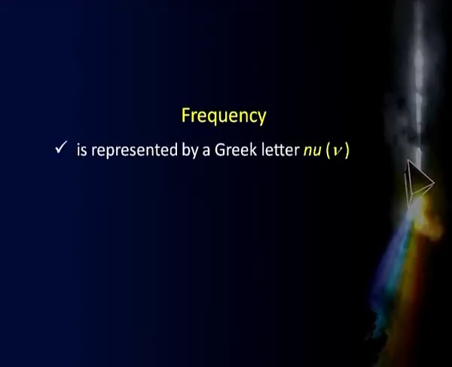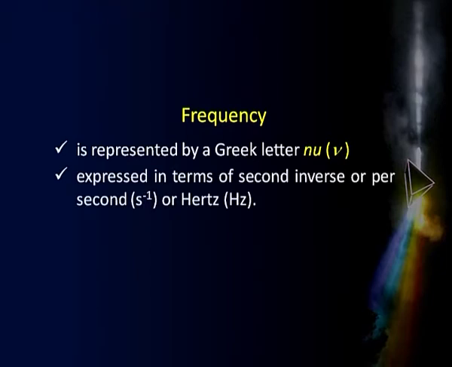This is represented by a letter called nu, the symbol given to frequency, and it is expressed in terms of second inverse, or per second, or hertz, which are units of frequency. That means, by definition, how many wavelengths per second.